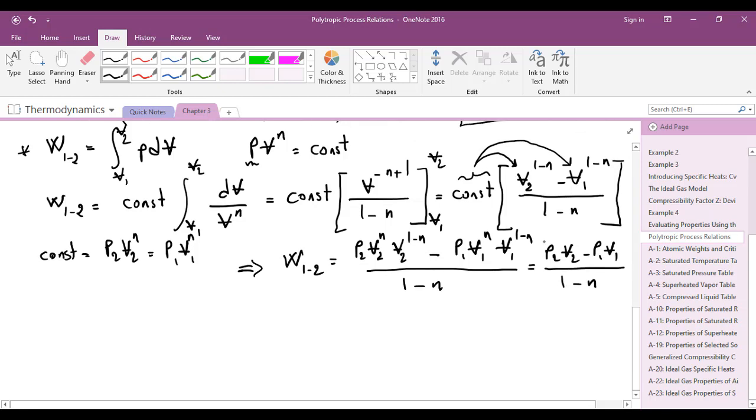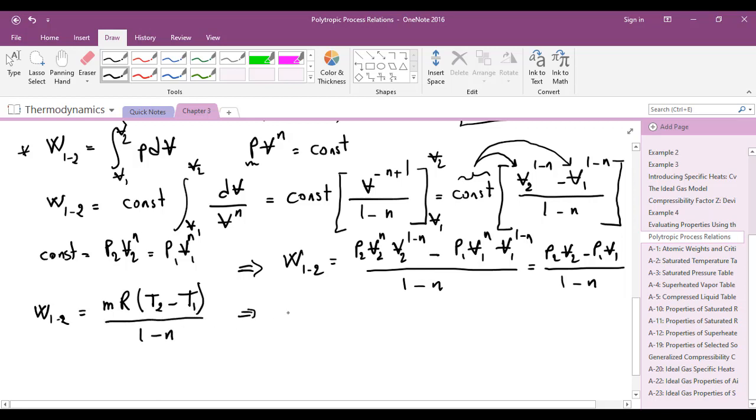So for an ideal gas, P2 V2 is mRT2 and P1 V1 is mRT1. So the work from 1 to 2 will be equal to mR (T2 minus T1) over 1 minus n.